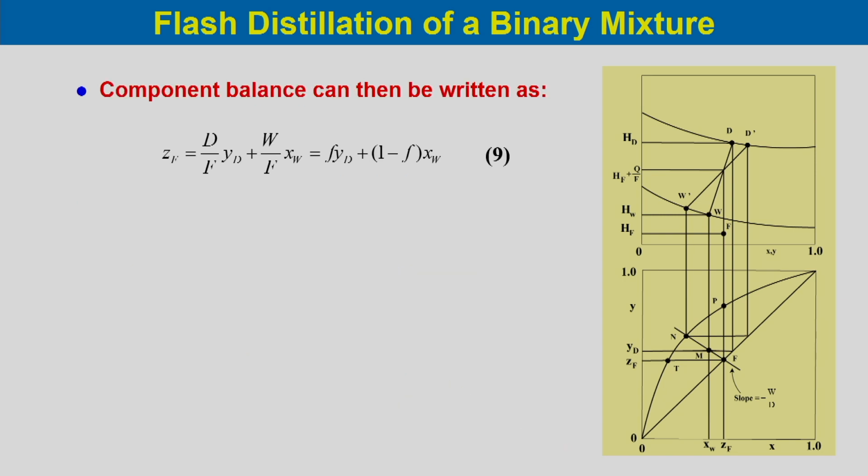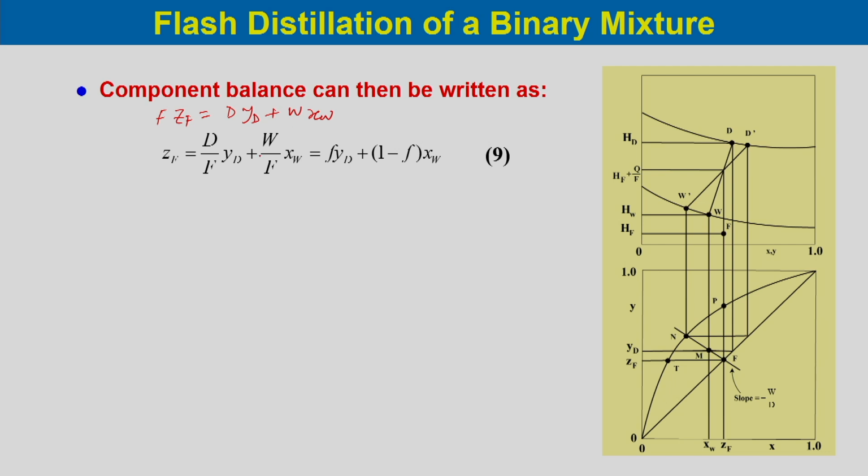From the earlier component balance, we can write F ZF is equal to D YD plus W XW. This is the balance equation.